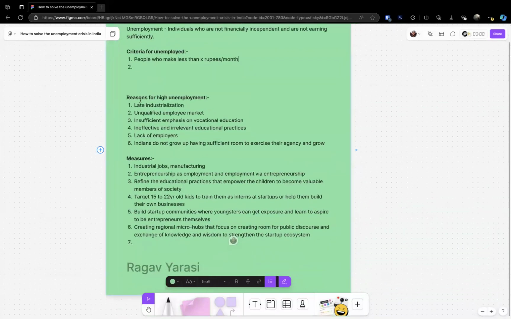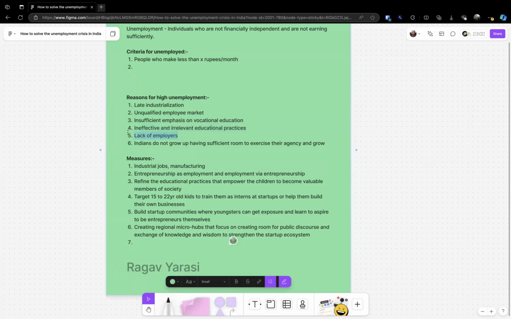But the bigger discussion happened regarding the reasons for high unemployment. We talked about late industrialization, historical reasons, an unqualified employee market, insufficient emphasis on vocational education, and ineffective and irrelevant educational practices. I think this is one of the biggest things that repeatedly came up as a reason why people are unemployed.